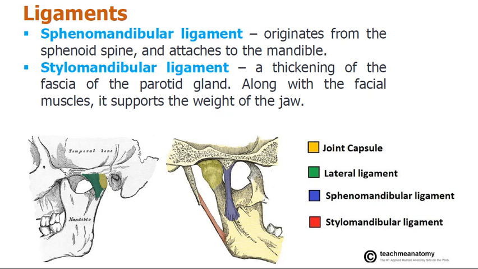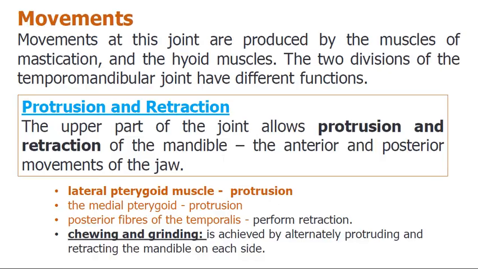Actually, it is a thickening of the fascia of the parotid region. You know, the parotid fascia is part of the investing layer of the deep fascia of the neck, extending between the mastoid and the styloid to the angle of the mandible. At this point, this fascia is thickened, forming a ligament-like structure called the stylomandibular ligament, serving for stability and support of the T.M. joint.